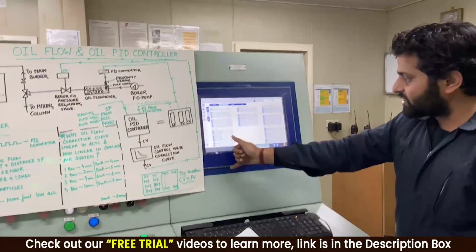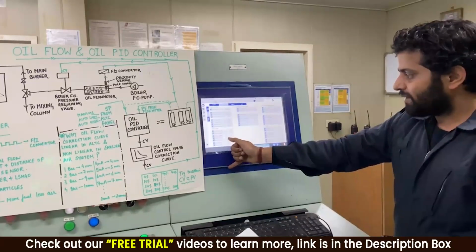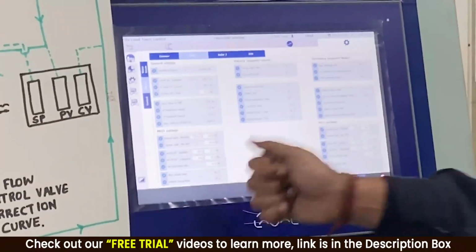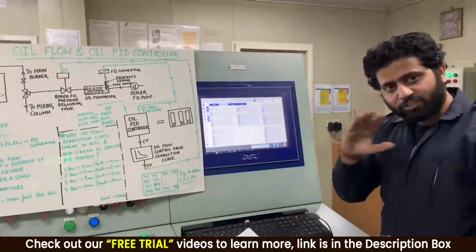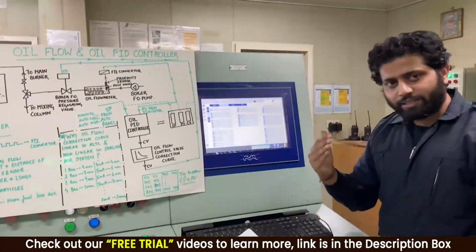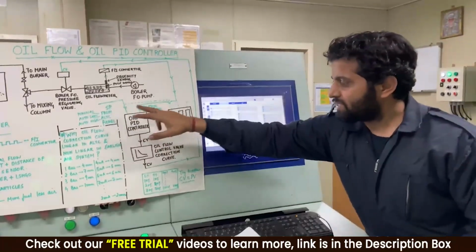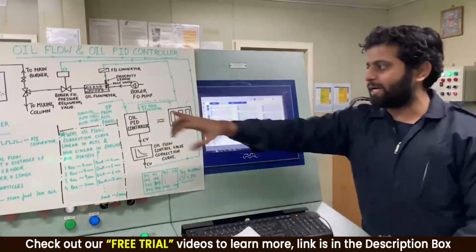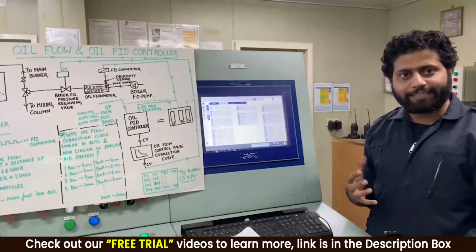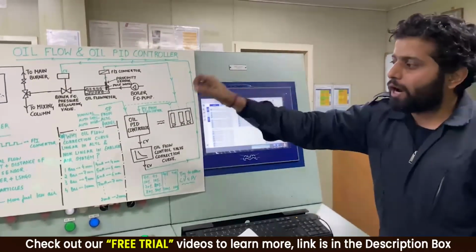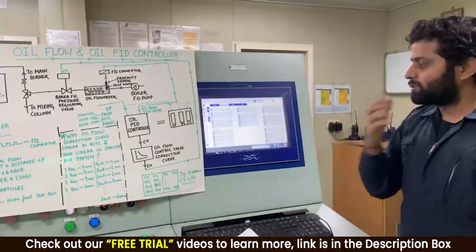Then also we need a certain oil flow ratio. When it is stopping, then also we need a certain oil flow to be maintained. When it is running and we are increasing or decreasing the load, then also we need a certain oil flow to be maintained, a certain set point, and there should be a match between the set point and the process value coming over here, right guys? So during these times, if it is not matching, oil servo error comes.